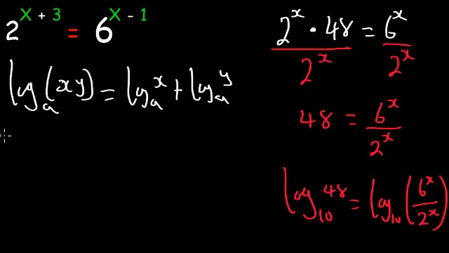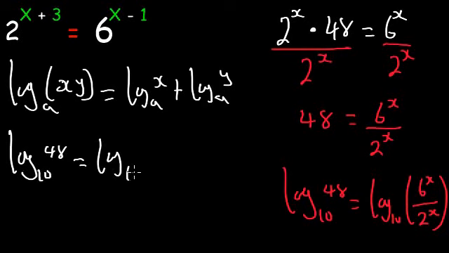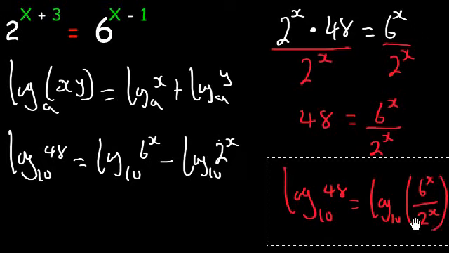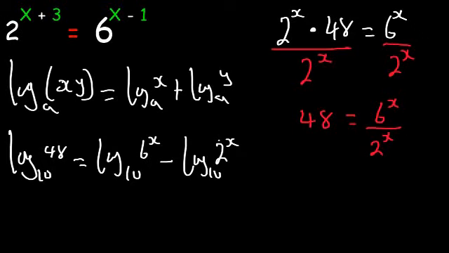So right now, you can clearly see that log of base 10 to 48 will now be equal to log of base 10 to 6 raised to the power of x minus log of base 10 to 2 raised to the power of x. Right now, I would like to bring the x to the front of the logarithm symbol, as that is allowed.